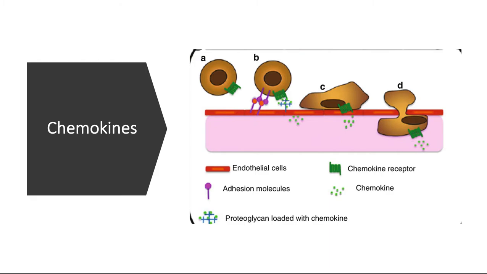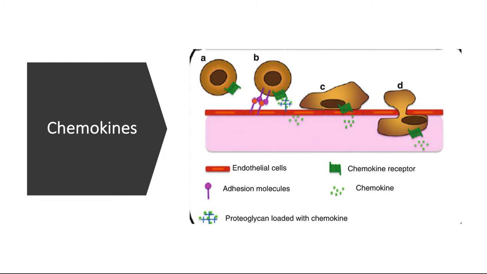CC chemokines mainly serve as chemoattractants for monocytes, eosinophils, basophils, and lymphocytes. Although most of the chemokines in this class have overlapping actions, eotaxin selectively recruits eosinophils. C chemokines are relatively specific for lymphocytes.